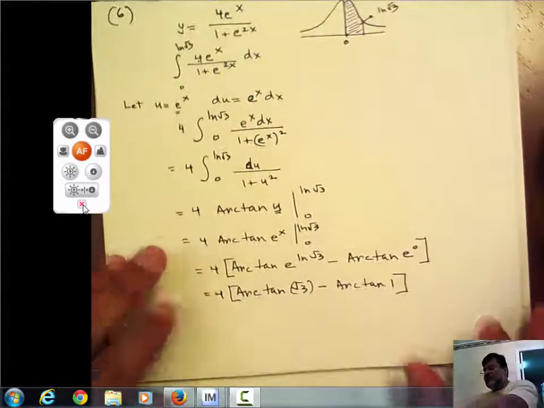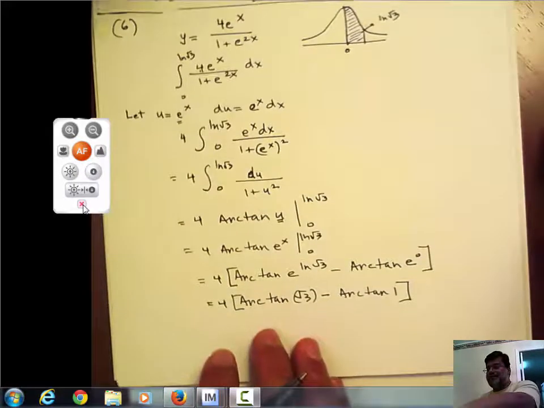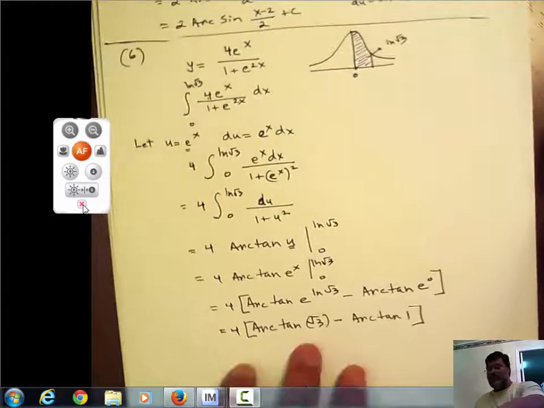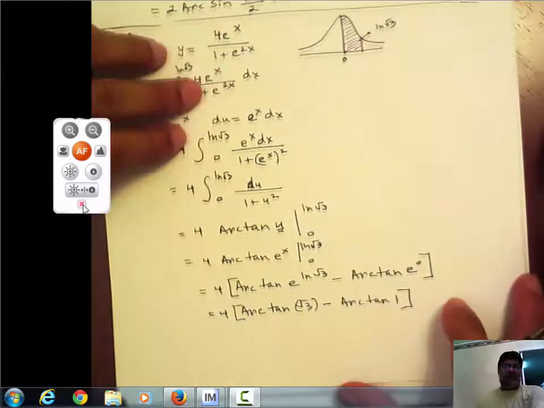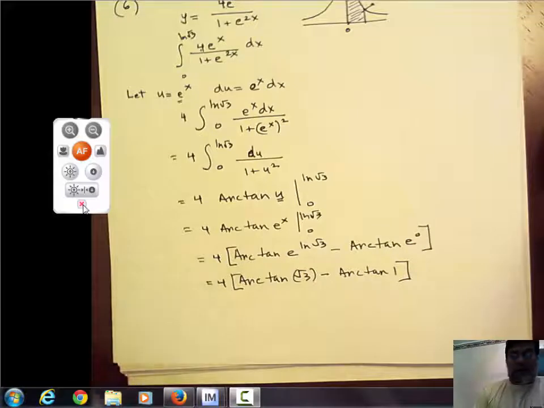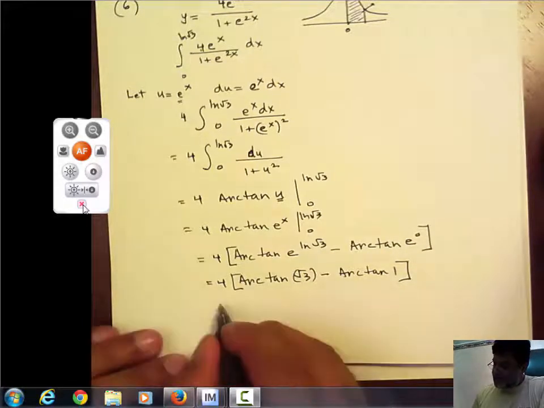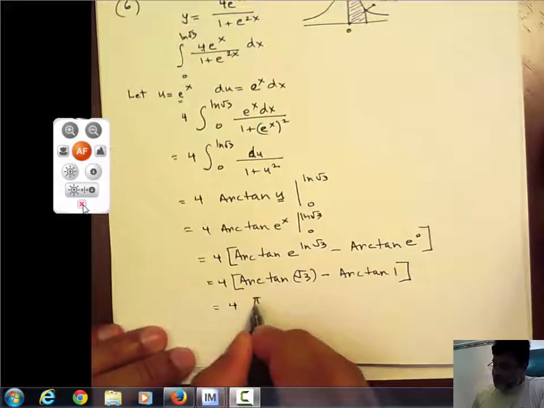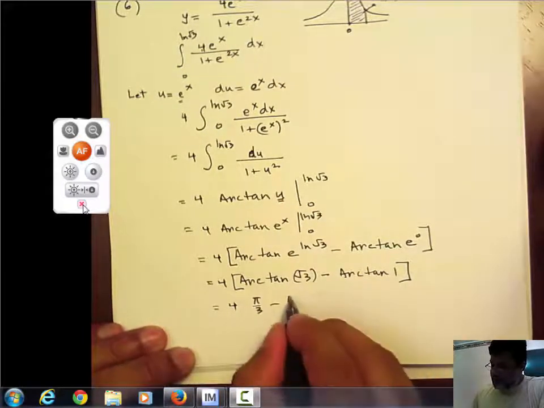What is arctan of square root of 3? And what is arctan of 1? Well, arctan of square root of 3, you know, is what? Pi over 3, right? And arctan of 1 is pi over 4.